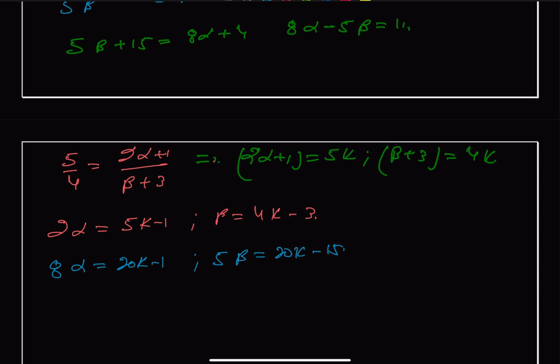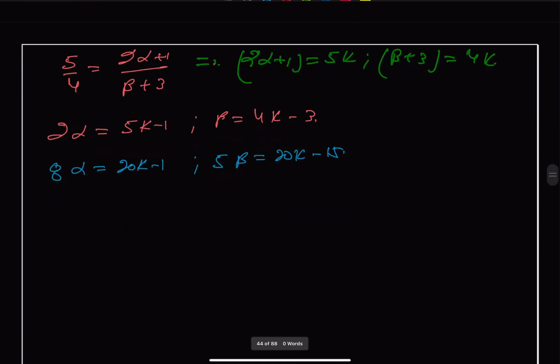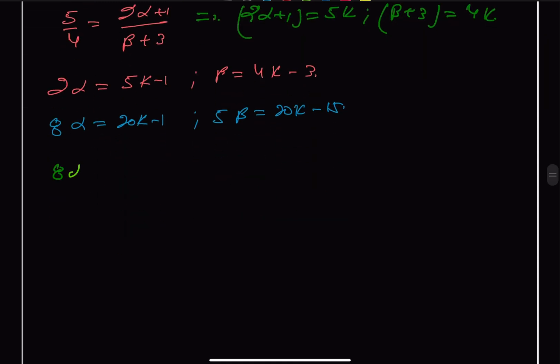So if we subtract them, we get 8 alpha minus 5 beta will be 11, or we can say 20k minus 4 minus of 20k minus 15 is equal to 11.